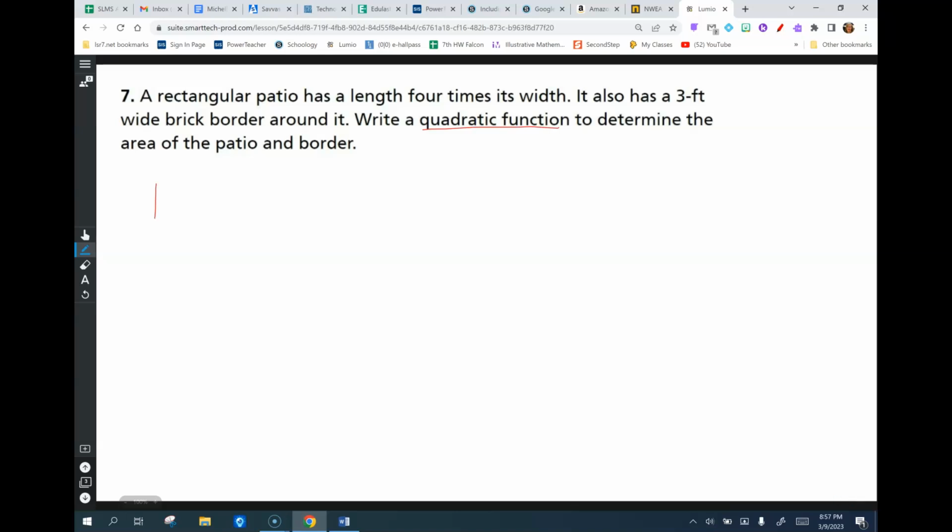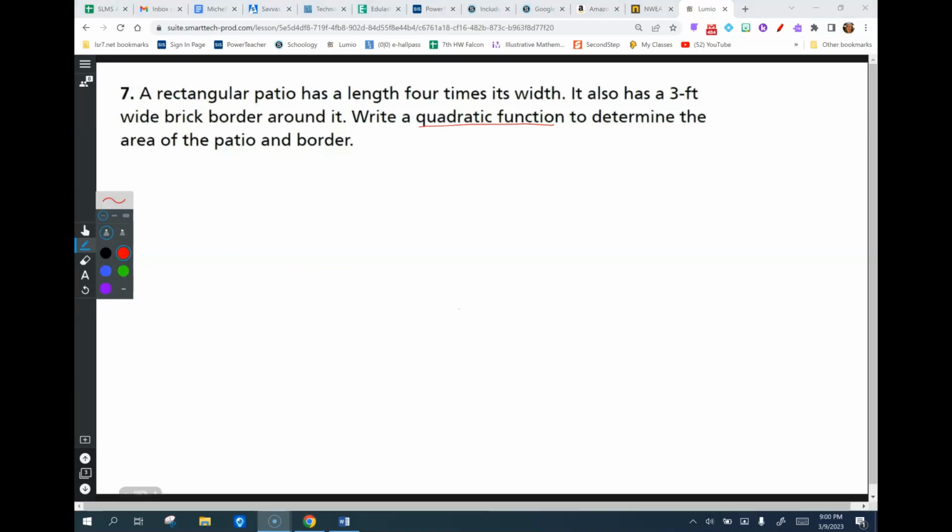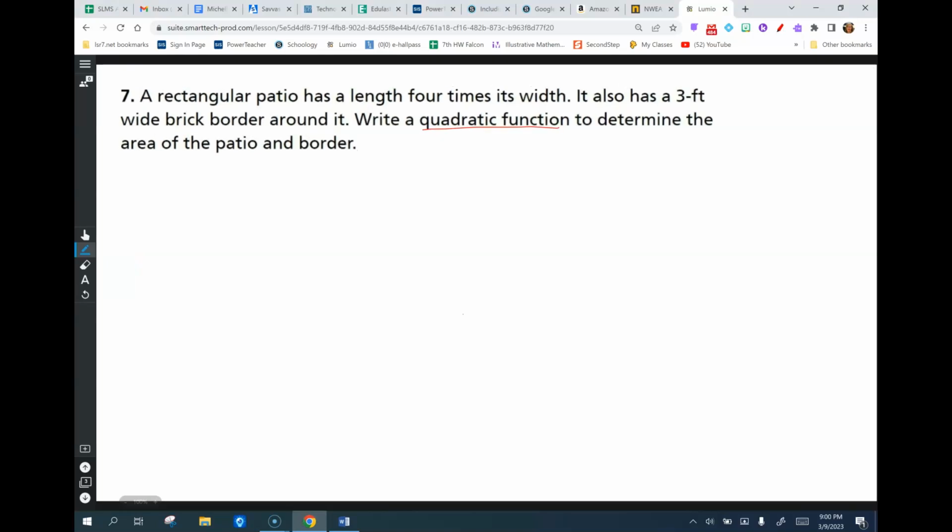So the first thing you want to do is draw a picture. Now, what we have to understand is that we have a rectangular patio. This is our rectangular patio, and it has a length 4 times its width. And notice the last thing we compare to, that's going to be our variable. Okay, and this is 4 times that. Then we have a brick border that goes around it.